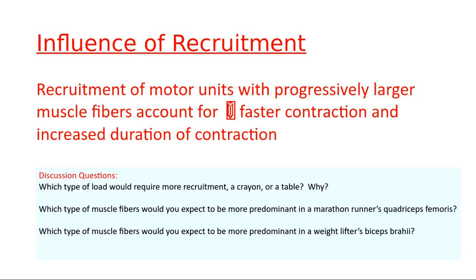And recruitment. Okay, so the concept here is that when we're trying to lift an object, as we stimulate the muscle in order to lift the object, larger and larger motor units will be stimulated. So you're trying to lift a table and the first stimulation doesn't do anything, then you increase the stimulation and that's going to recruit larger motor units.